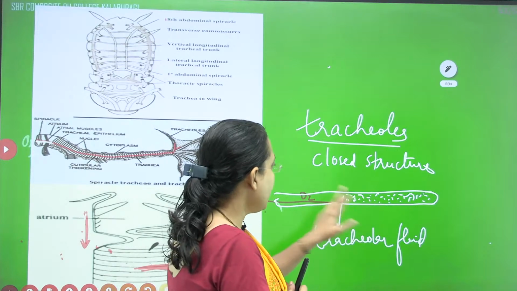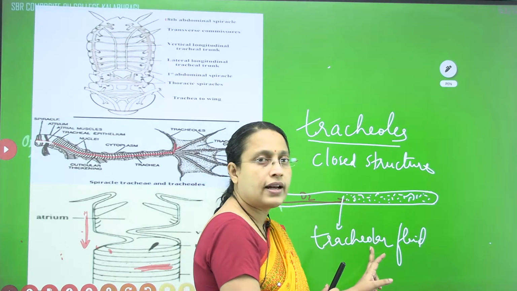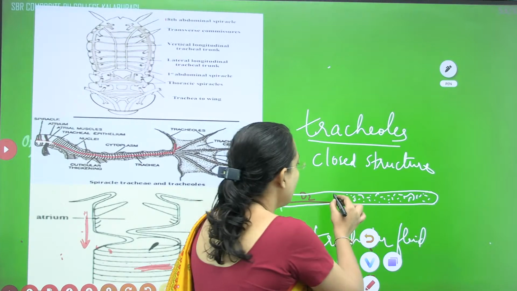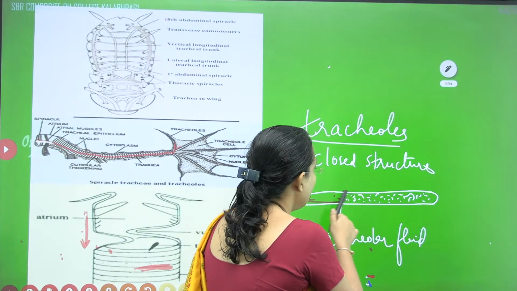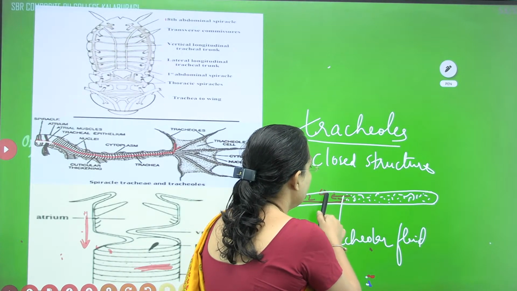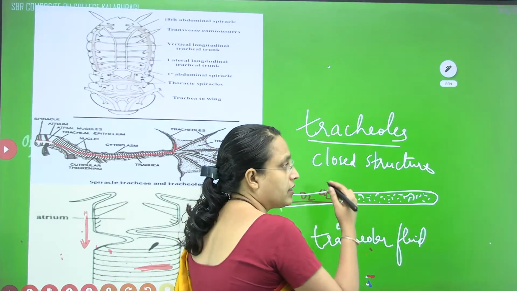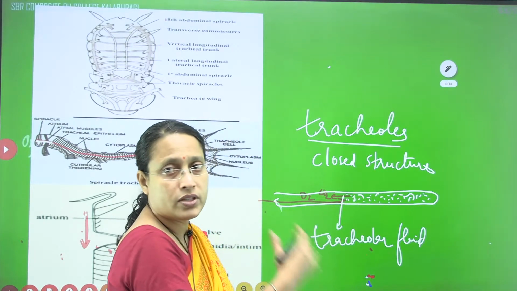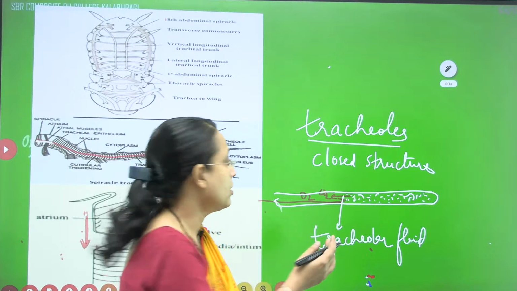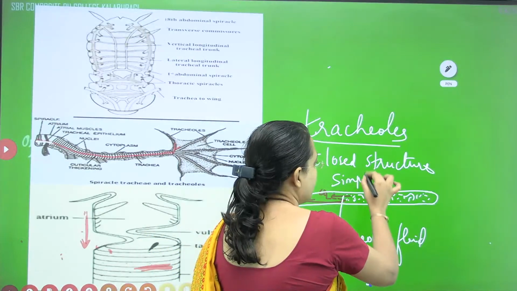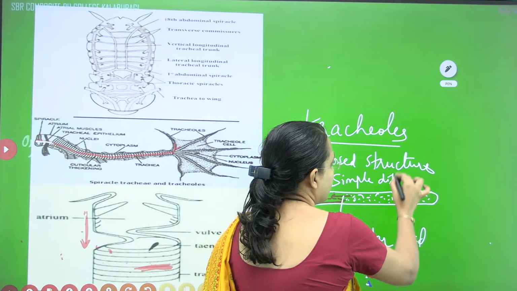Then at this point, there is a fluid that helps in exchange of gases. So here exchange of O2 and CO2 occurs. On what basis? There is a physical phenomenon on the basis of which the exchange occurs, and that is nothing but simple diffusion. It occurs through simple diffusion.